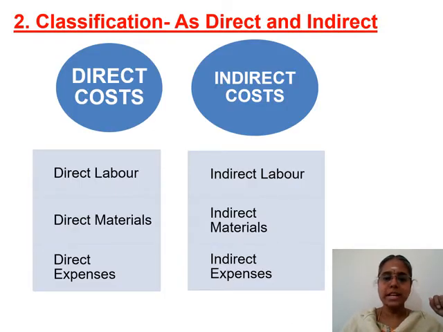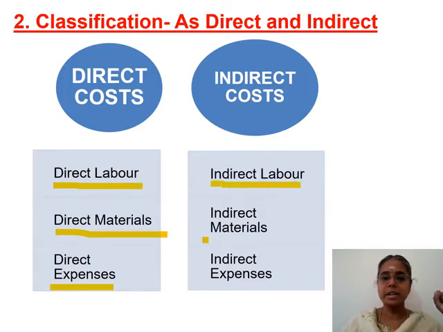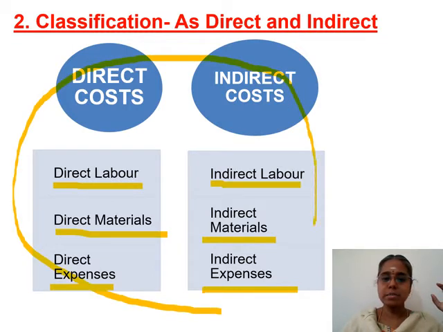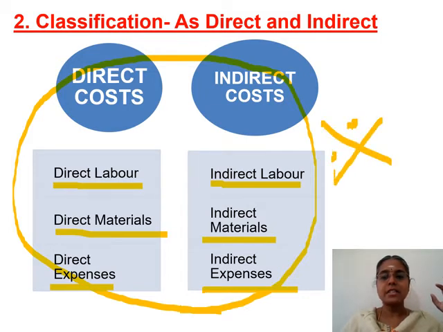So the base classification is direct and indirect cost. In direct cost, you have direct labor, direct materials and direct expenses, and in indirect cost you have indirect labor, indirect material, and indirect expenses. This is the base classification, an important classification, and it is to be done for any type of calculation.